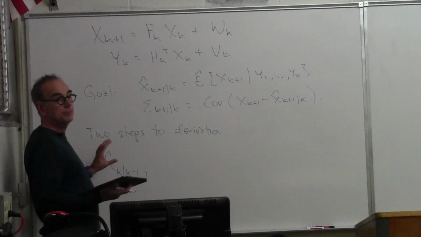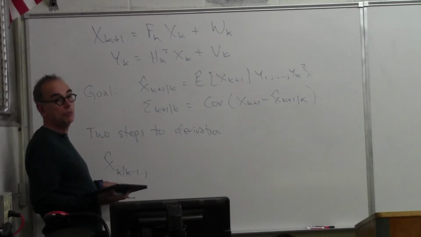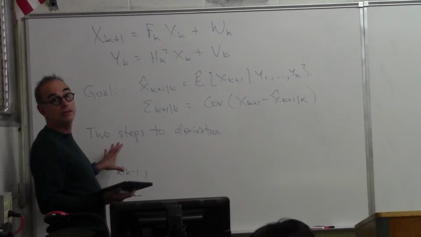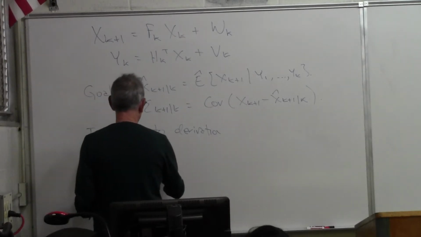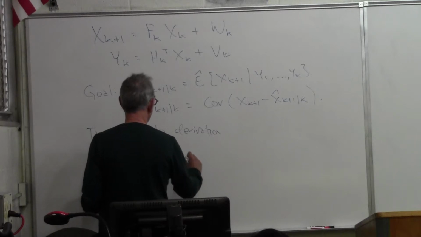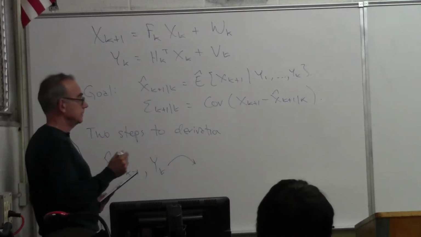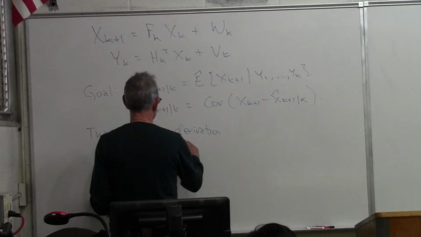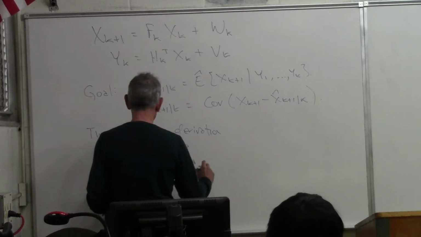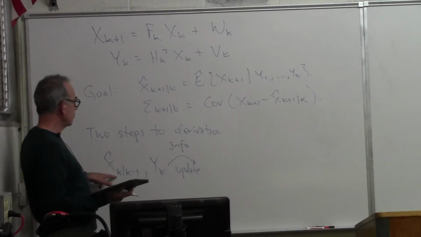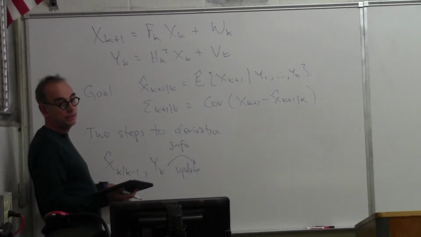At time k, given observations up to k minus 1, we've got our estimate of the state at time k, and then a new observation comes in, y k, and then there's an information update. And that gives us the estimate of x hat k given k.